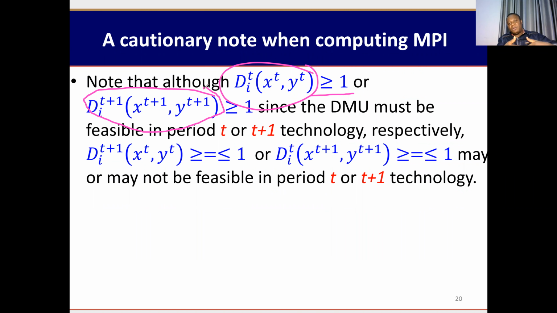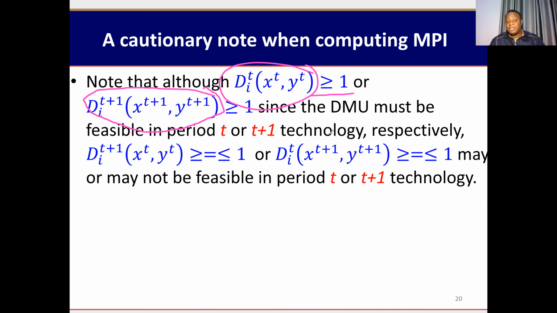So the one with the T, T must be feasible in period T technology, and the one with T+1, T+1 must also be feasible in the T+1 technology. If they are equal to 1, of course, it means the firm is efficient. If it's greater than 1, it means the firm is inefficient.